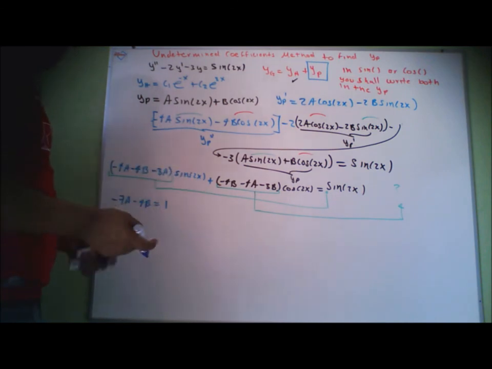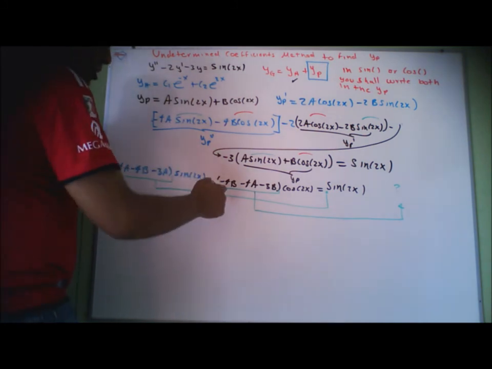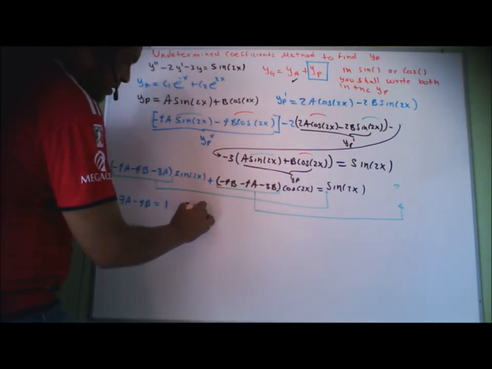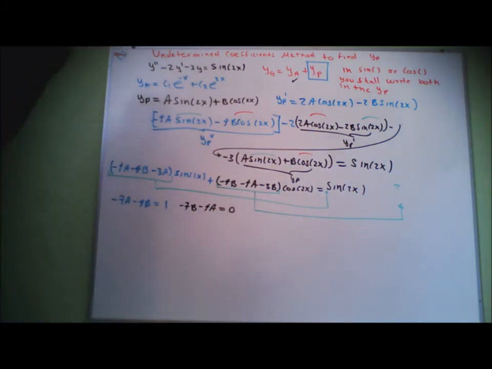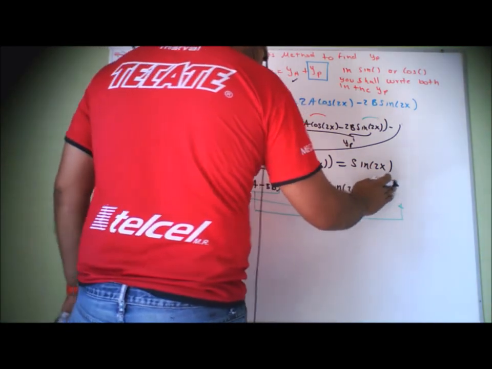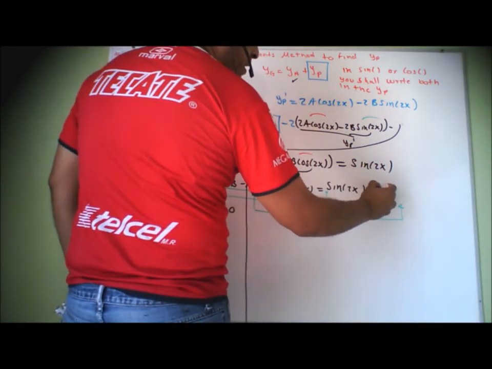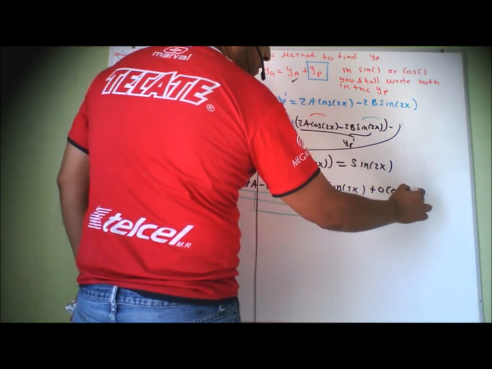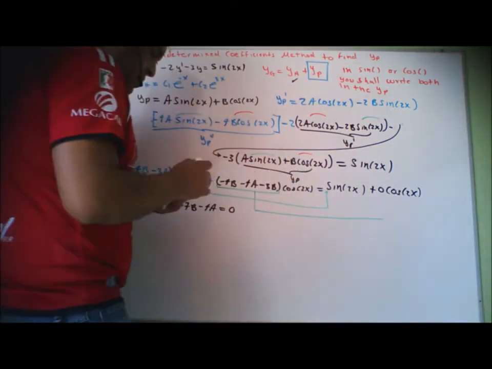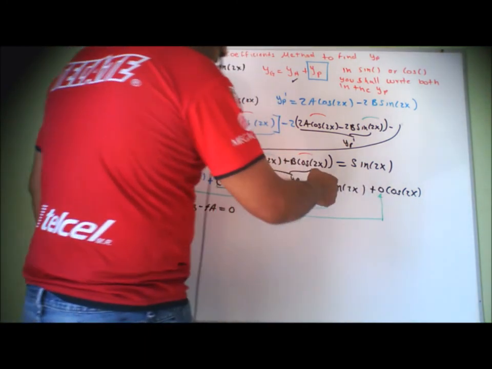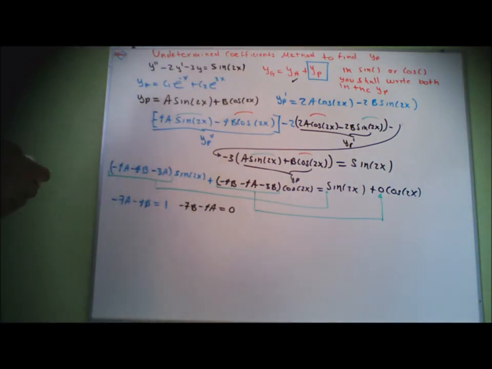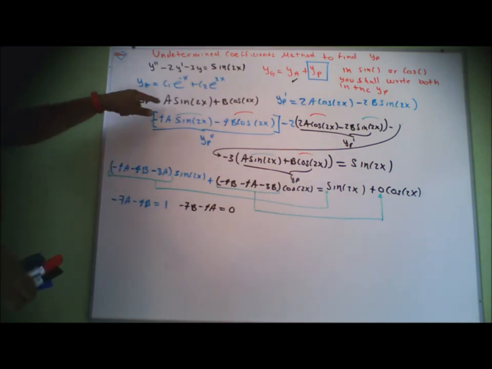Because we don't have a cosine on the right side, this coefficient shall be equal to 0: minus 7b minus 4a equals 0. Or we can write the cosine with a 0 coefficient. So from here we have two equations with two variables, and the task is to find the values of a and b.